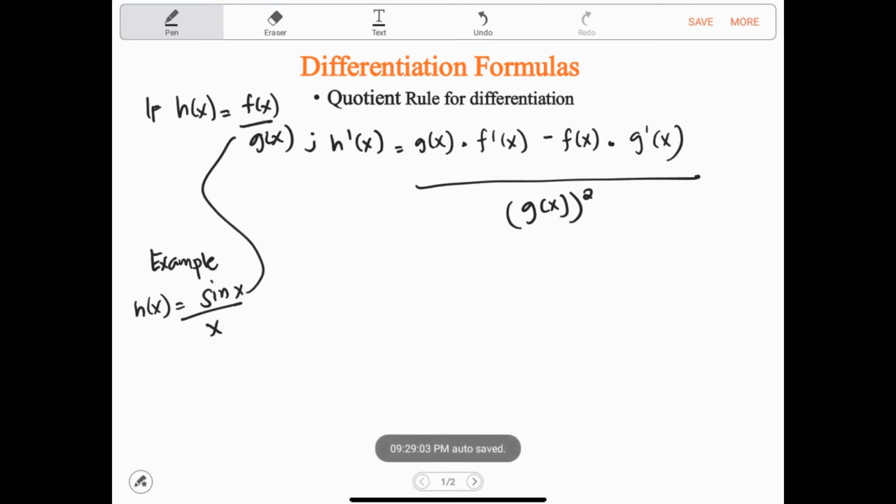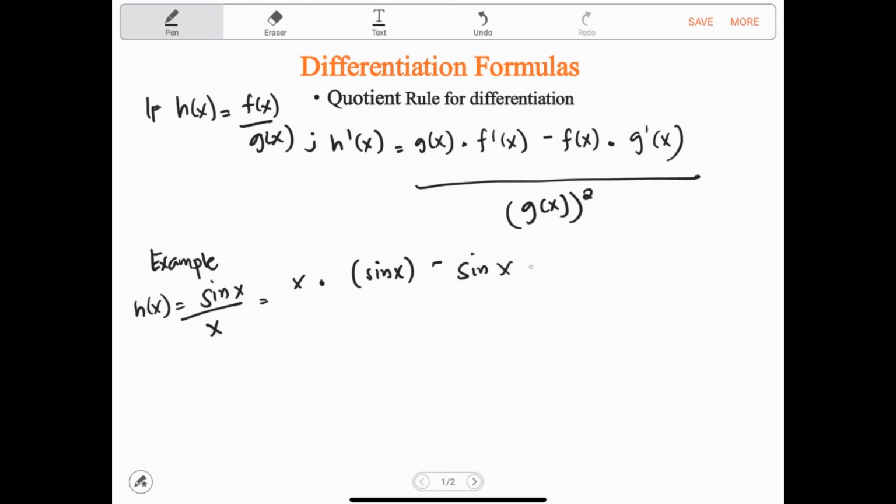So that is our f of x, and that is our g of x. So, x times the derivative of sine x minus sine x times the derivative of x, all over x squared.